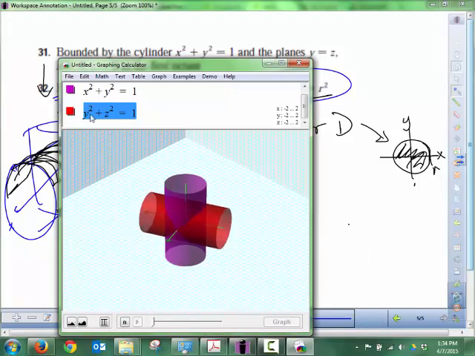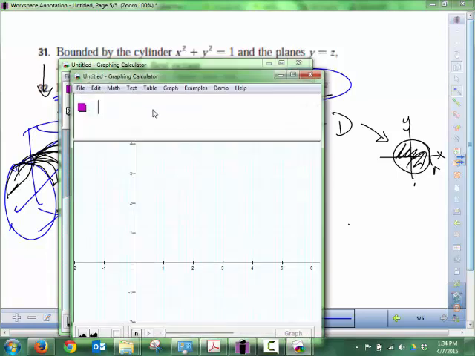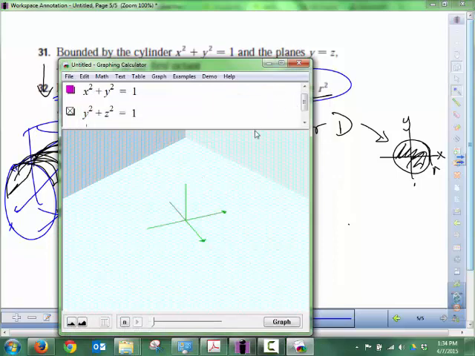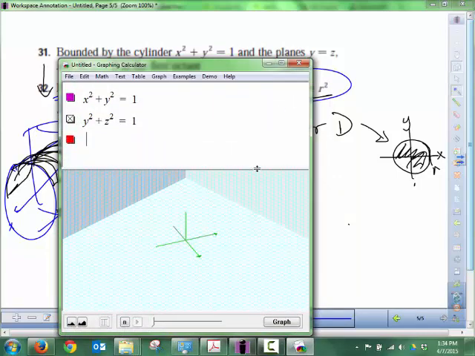So if we take our function, or our graph, and instead, this is going to look a little funny because of the way the graphing calculator renders the surfaces. If we say z is equal to the square root of r squared minus y squared.